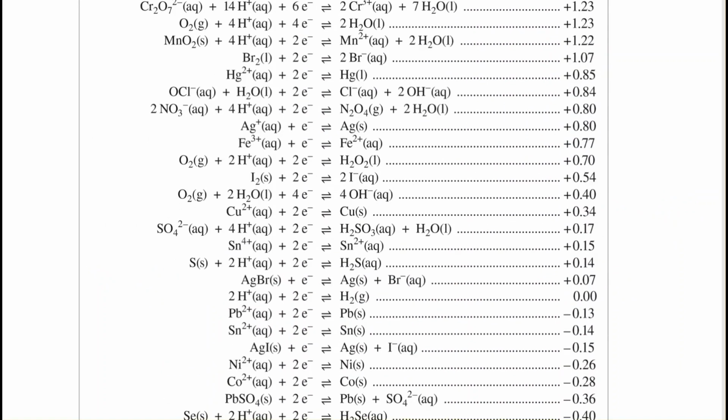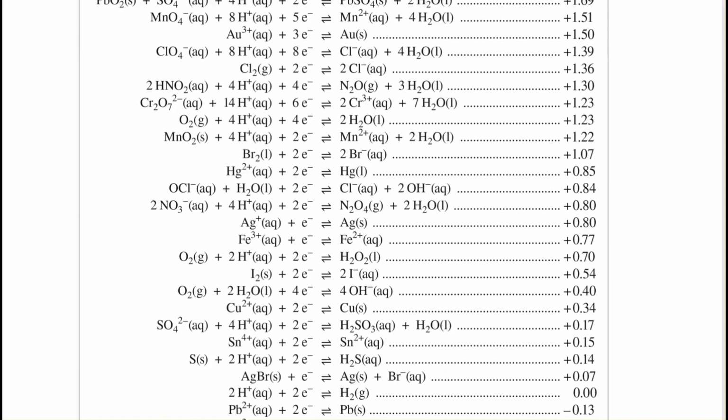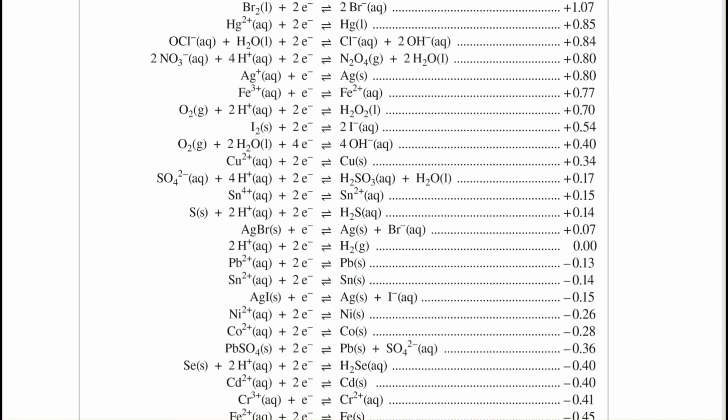Start at the top for oxidizing agents. No. Yes, we've got acid, just acid all by itself. All the other acids up here are combined with something else, and we don't have those other things. We don't have acid and oxygen. It doesn't say that we have oxygen, so we can't do that.